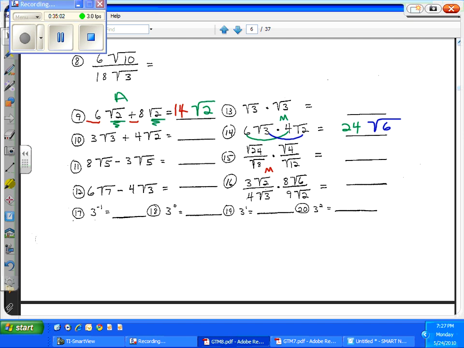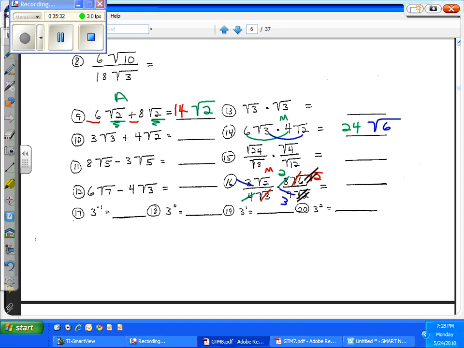Let's look at number 16. We can cross-reduce when we're multiplying fractions. Square root 3 goes into square root 6, square root 2. That square root 2 will cancel with that square root 2. 4 goes into 8 twice. 3 goes into 9 3.